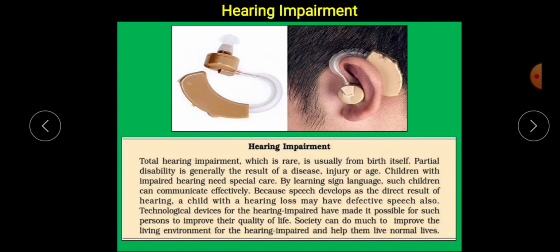Unable to hear is a huge impairment, but those people with hearing impairment should not be neglected and they should be accepted as our own people. So this is the device which helps the people for hearing. It can be used by those people who have hearing impairment for improving their hearing ability.